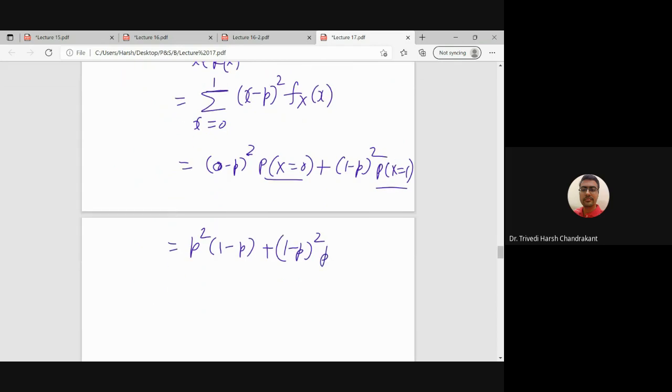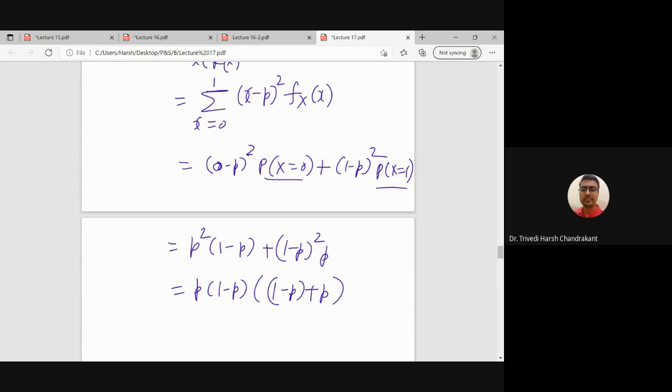Now we can take p times (1 minus p) common from both terms. What remains is p plus (1 minus p), which cancels to 1. So the final answer is p times (1 minus p).